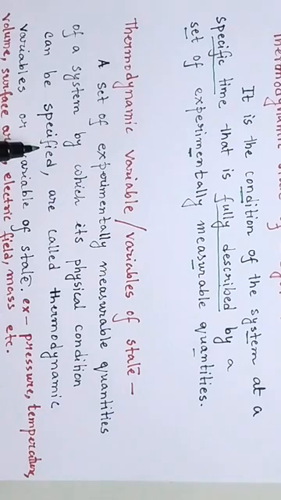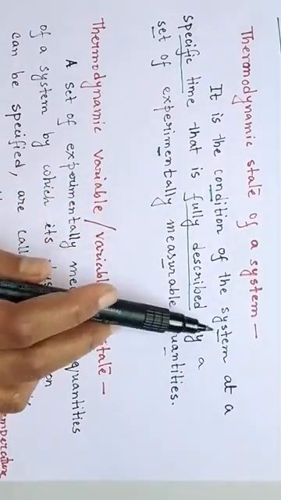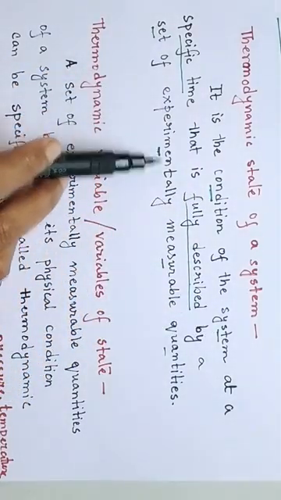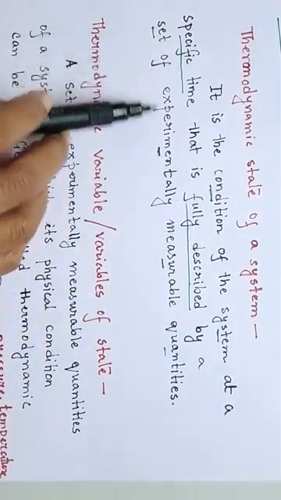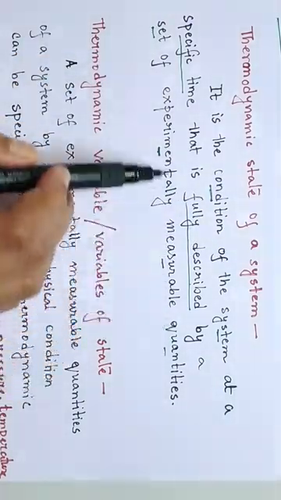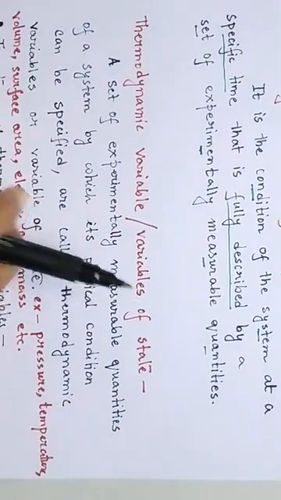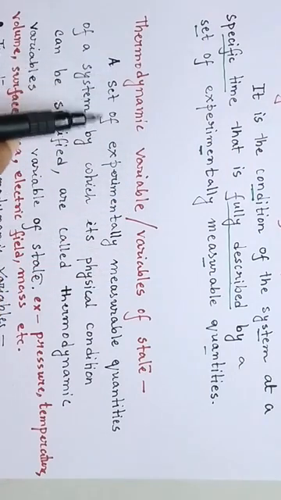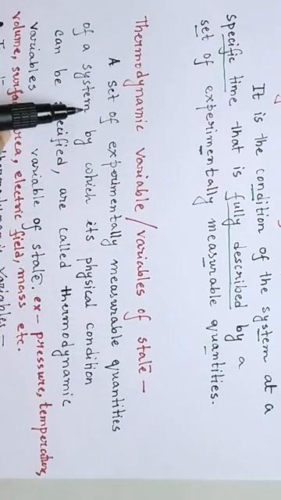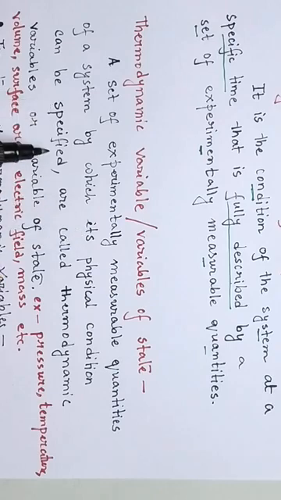We already know that to fully describe the state of a system, we need a set of experimentally measurable quantities. Those are called thermodynamic variables. And we can define them as a set of experimentally measurable quantities of a system by which we can specify its physical condition or its state.